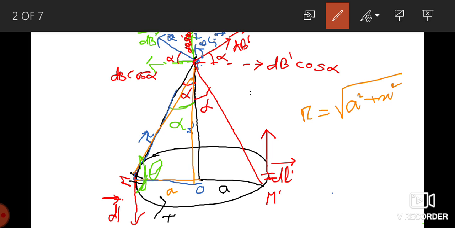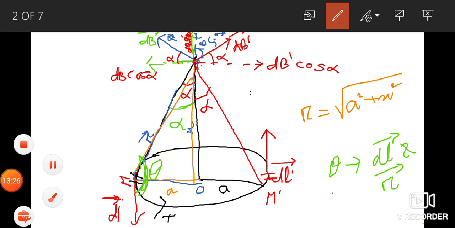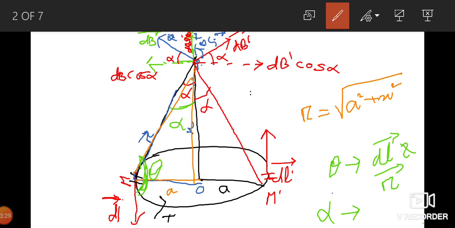These two angles are different, so we take this one as theta and that one as alpha, because theta is the angle between the dl vector and the r vector, and alpha is the angle between the r vector and x. Thank you.